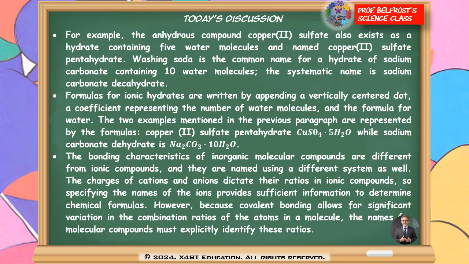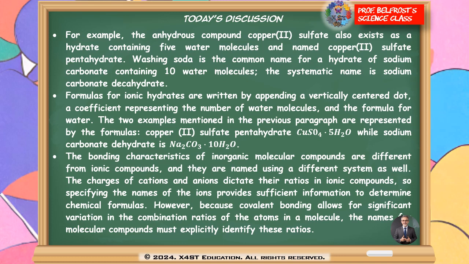Formulas for ionic hydrates are written by appending a vertically centered dot, a coefficient representing the number of molecules, and a formula for water. For example, copper(II) sulfate pentahydrate is CuSO4·5H2O, and sodium carbonate decahydrate is Na2CO3·10H2O.